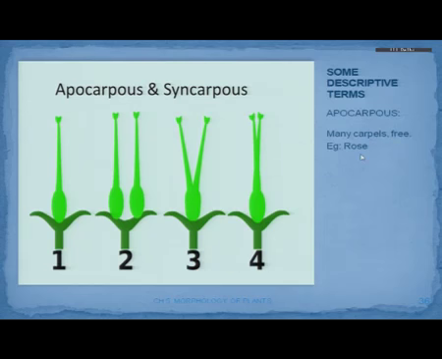For example, as in rose. Now, syncarpous condition is when many carpels are present but they are united. They may be united to various degrees, various extents. Such a condition is known as syncarpous condition. Here the carpels are united. For example, in tomato.